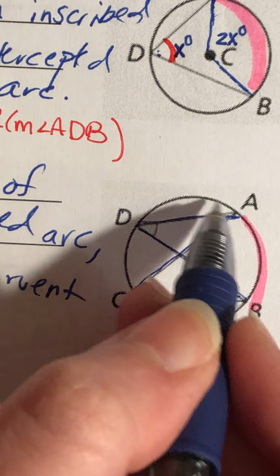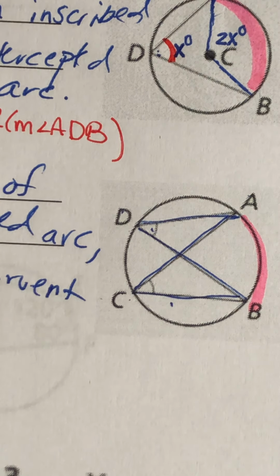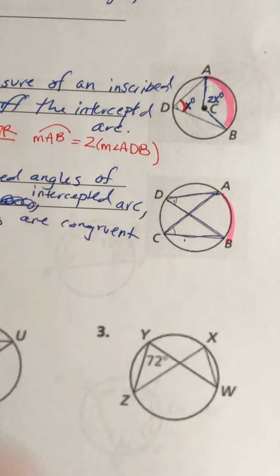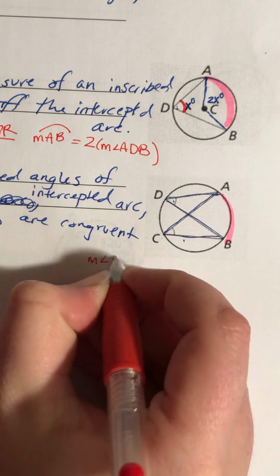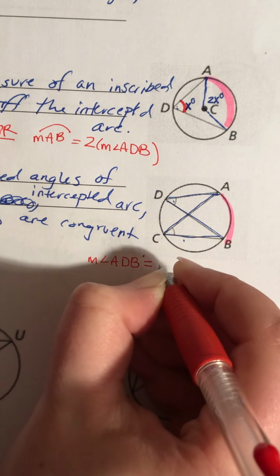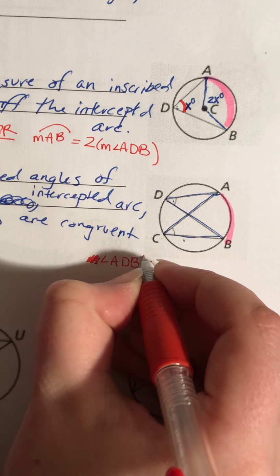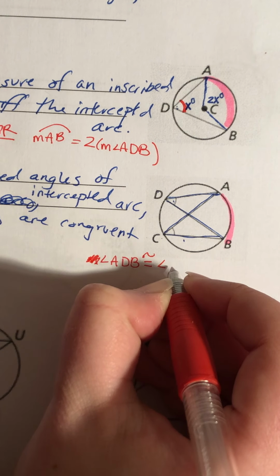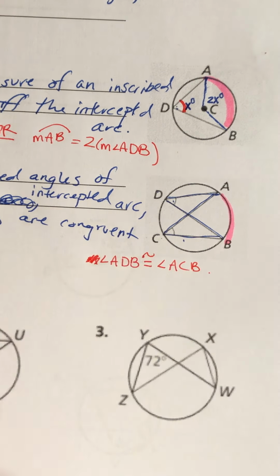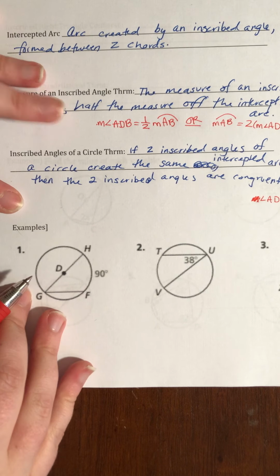So because they're both creating arc AB, those angles have to be congruent. So angle ADB is going to be congruent to angle ACB. So we'll do a couple practices with that.